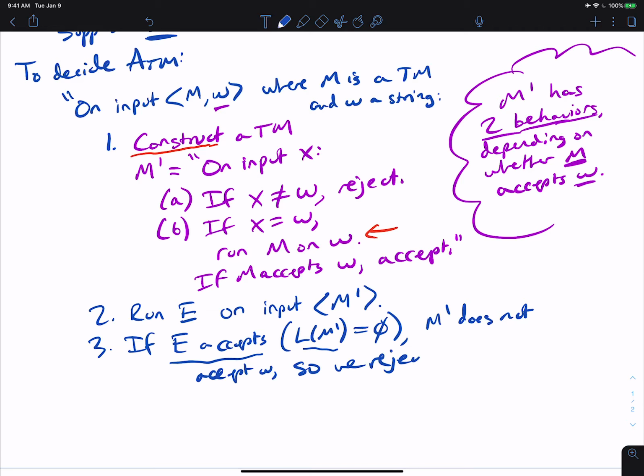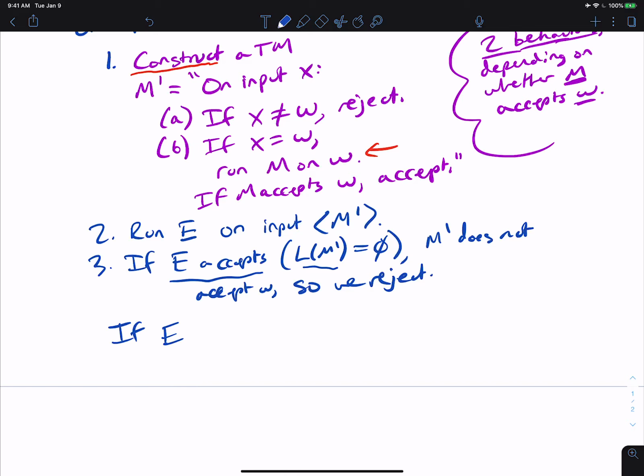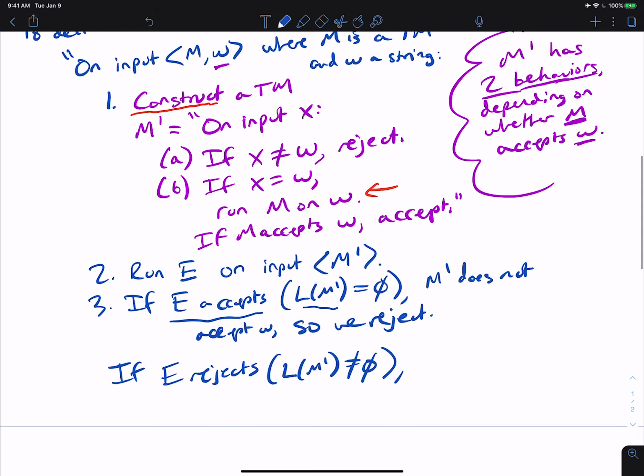So the only way that M prime's language is empty is if M does not accept W. And we're trying to decide the ATM problem, which is determining whether M accepts W. So then if E rejects, and here that means that M prime's language is not empty, then what happens?